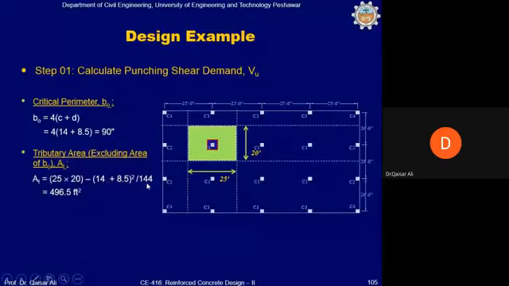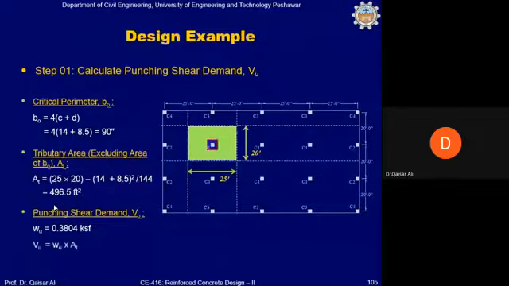So the green area is 496.5 square feet. Punching shear demand WU is equal to 0.3804. VU is equal to WU into AT, and this comes out to be 189 kip.